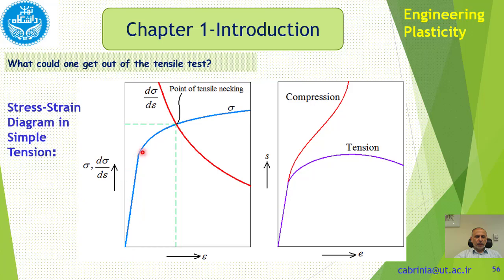So you could see that this blue line is sigma, and this line is d sigma over d epsilon. But we have just proven that if sigma equals d sigma over d epsilon, that is the point of instability. So another way of obtaining the point of instability is to plot these two curves. The intersection of these two curves gives you the point of instability. It means that if you apply such a stress, you get such a strain, and that would be the point of instability, and after that necking occurs, so you mustn't go over there.